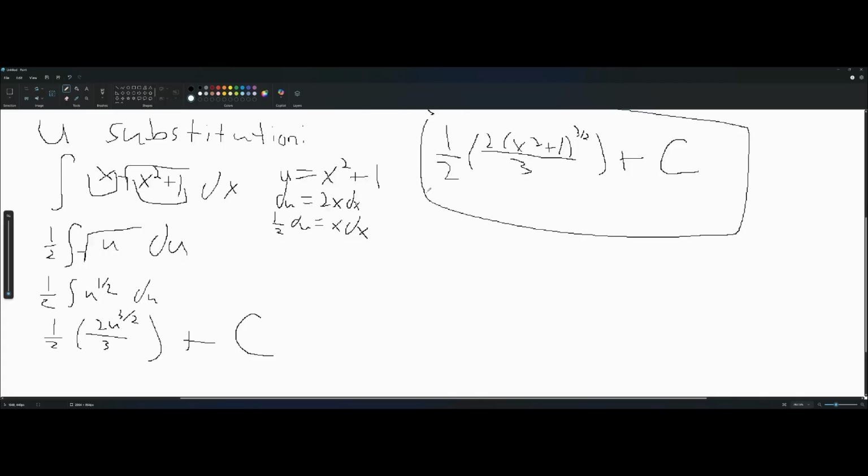Essentially the answer. Well, these twos will cancel out, but that is essentially how a u sub works. Okay? Let's do another example.